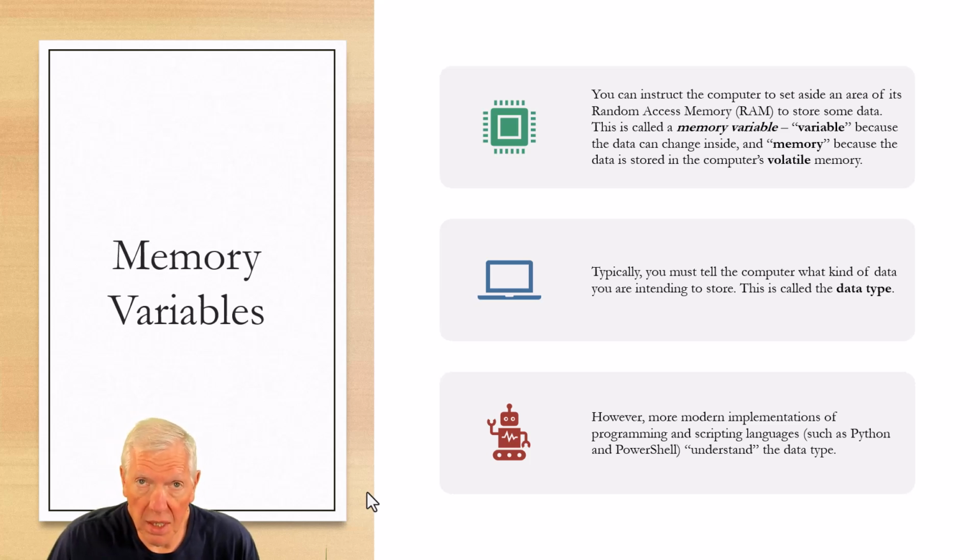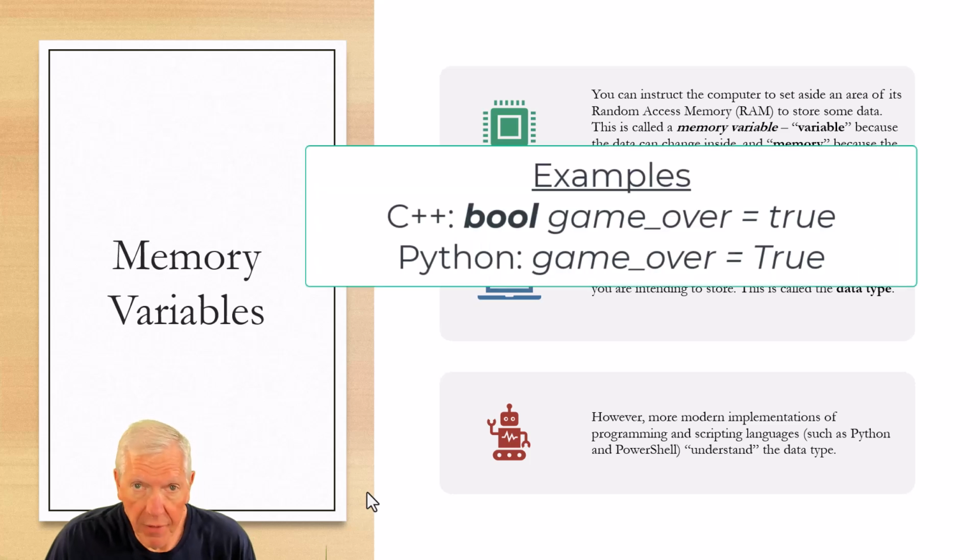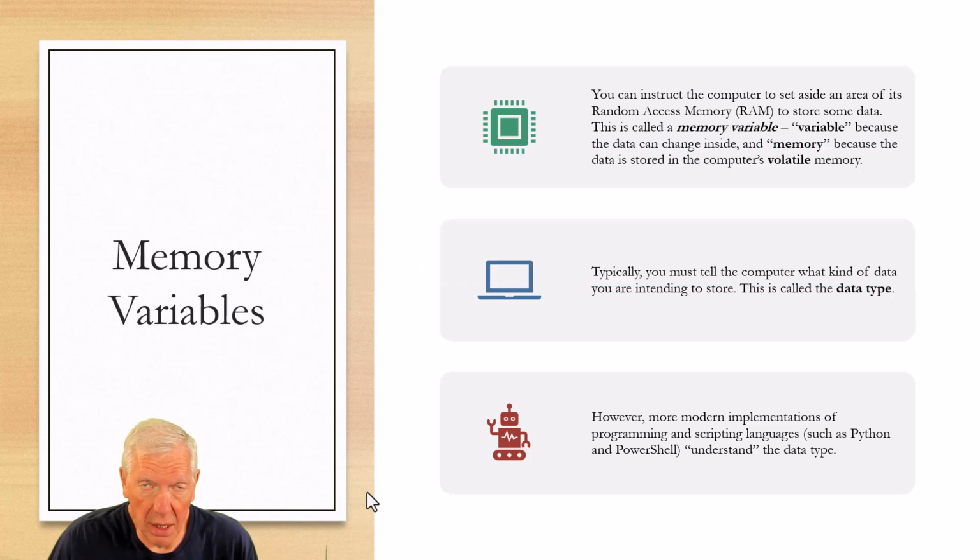The C++ language and C language, very rigorous. You have to tell it exactly what type of data is going to go into that data variable. But in the case of something like a Python or a PowerShell, if it sees a certain type of data, it makes the assumption that that's the kind of data that you're going to store in there.